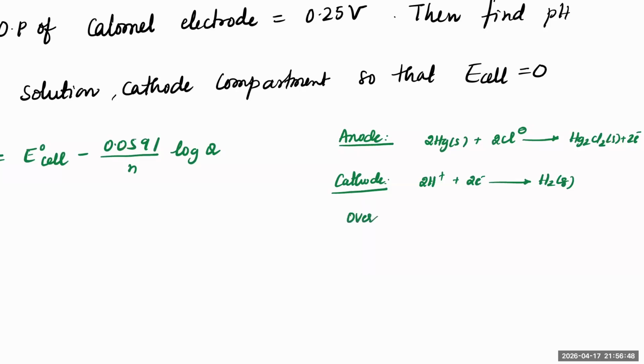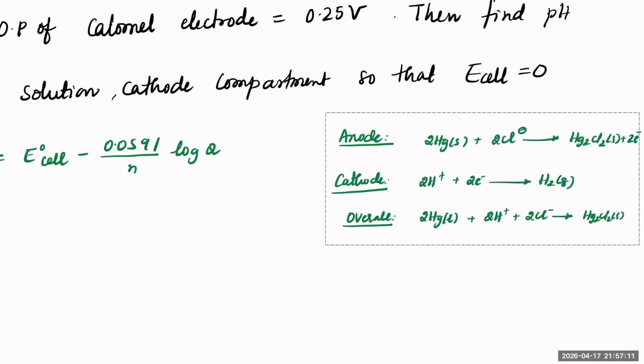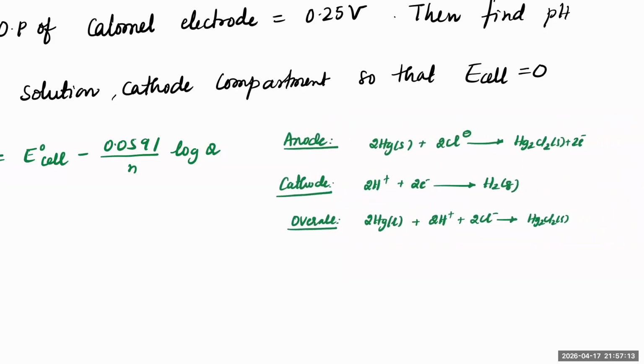So the overall reaction is 2 moles of mercury liquid plus 2H plus plus 2Cl minus giving Hg2Cl2 solid and H2 gas.